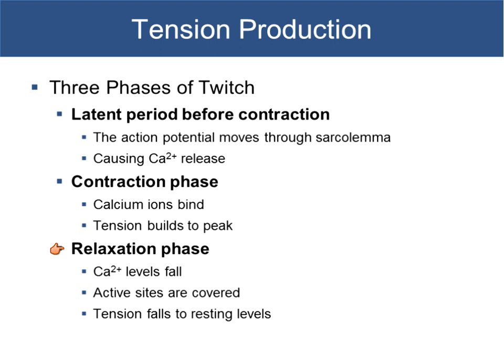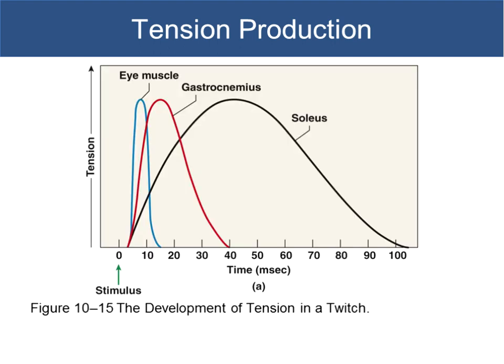And to be honest, we looked at all 3 parts of that contraction when we looked at the frog muscle being pulled apart. It's the same picture we saw with the frog muscle, except now we are labeling the parts of a twitch. And remember, a twitch is a skeletal muscle contraction. We have our latent phase, then our active contraction phase, and then our relaxation phase.